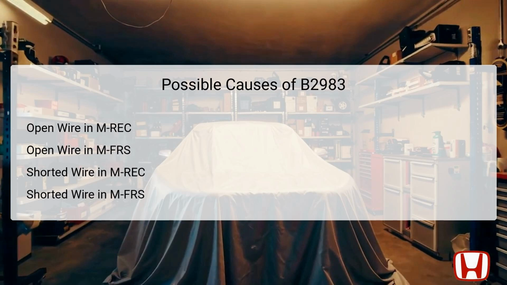Shorted wires can create path interruptions, leading to erroneous signals or no signals at all. These wiring problems are common culprits in electrical faults and can occur due to wear, corrosion, or improper installation, making thorough checks imperative in troubleshooting this DTC.